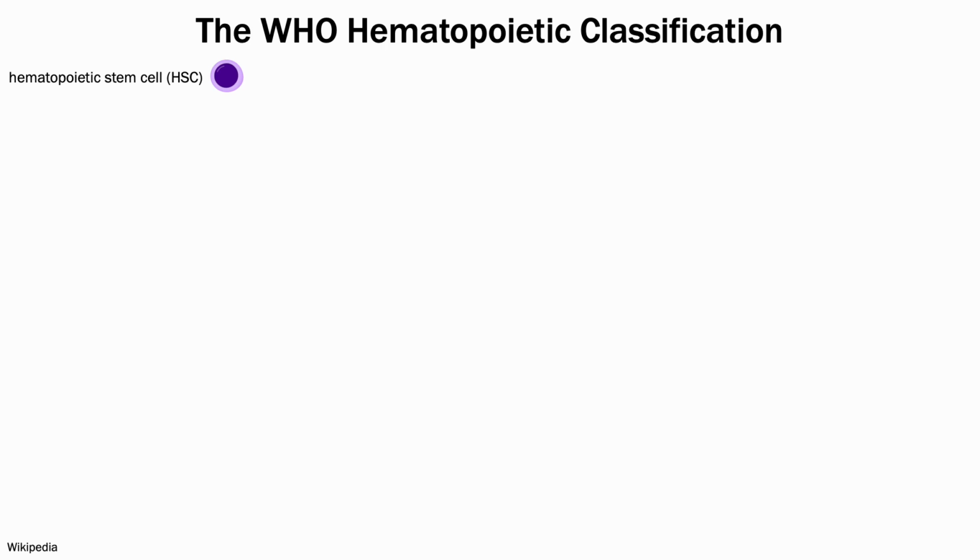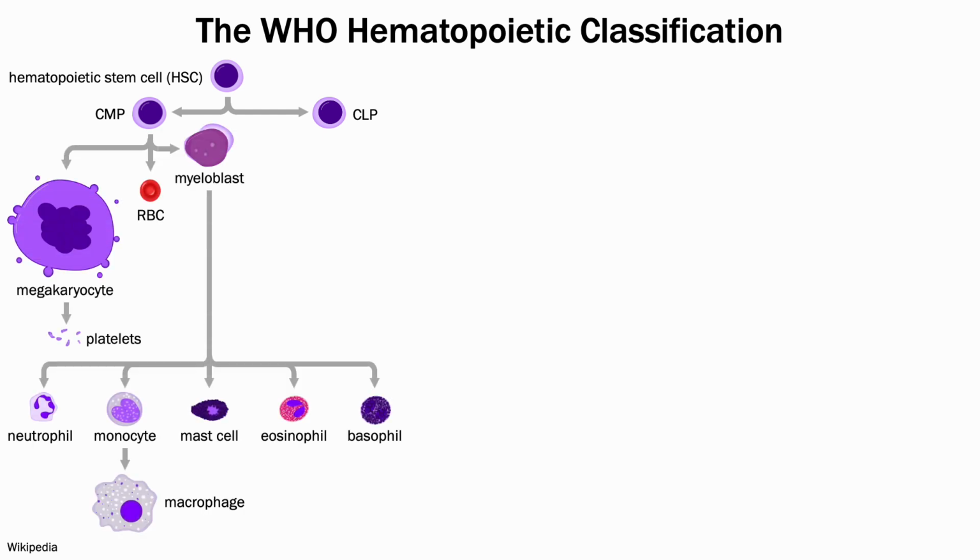The way that the WHO classification is structured very much mirrors our understanding of the hematopoietic tree, where we start with this multipotent hematopoietic stem cell that can differentiate along a myeloid arm or a lymphoid arm. The myeloid arm produces megakaryocytes, which spawn platelets for clotting, red cells which carry oxygen, and then various granulocytes for fighting infection as part of the innate immune response.